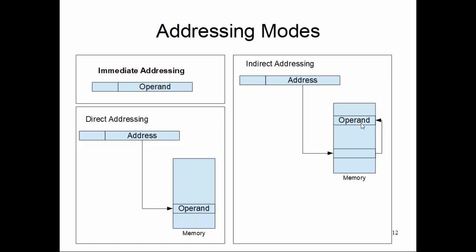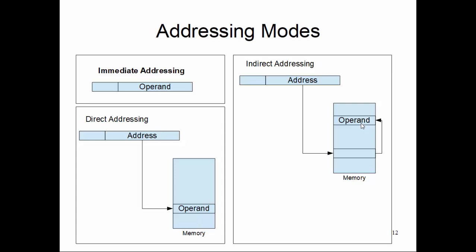So this is an indirect method. If you are familiar with the C language, it is basically a pointer-to-pointer concept, a pointer variable pointing to another pointer variable. The C equivalent for direct addressing is a pointer type variable.